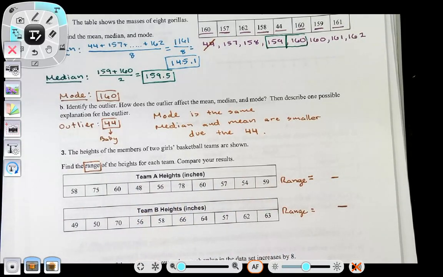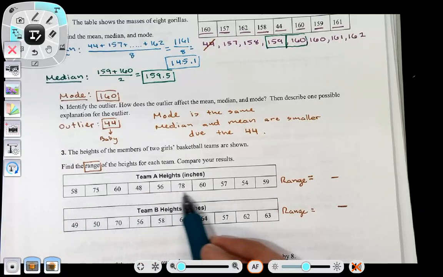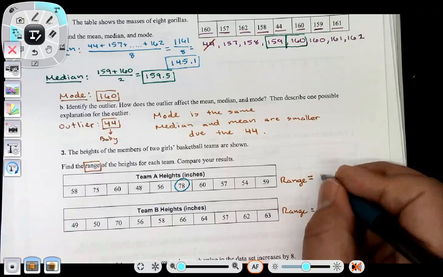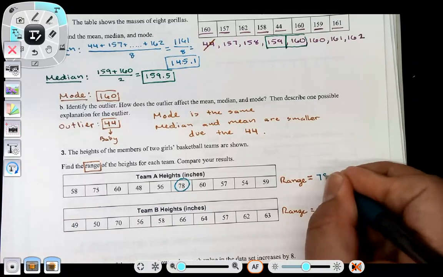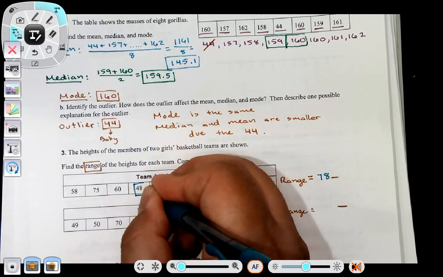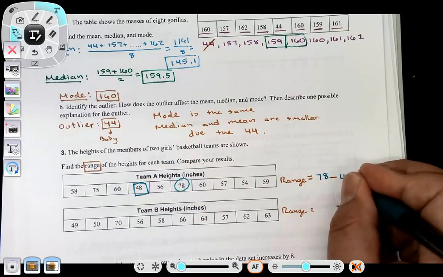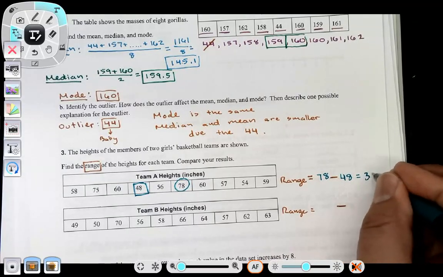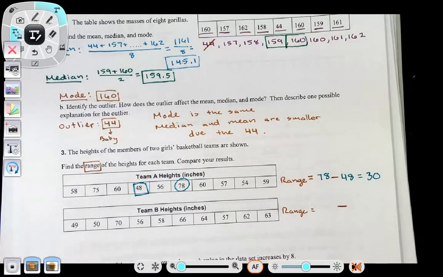So who's the tallest person in Team A? 78, right? It looks like that one. Do a quick check. Yeah, 78 inches tall. And who's the shortest? Who's the chaparrito right there? 48. Yeah, 48, man, a 4-footer. All right, so 48. So what's the range for this one? 30. So yeah. So if you stand the chaparrito at one end and you go by height, that's like a 30-inch difference right there. Okay?